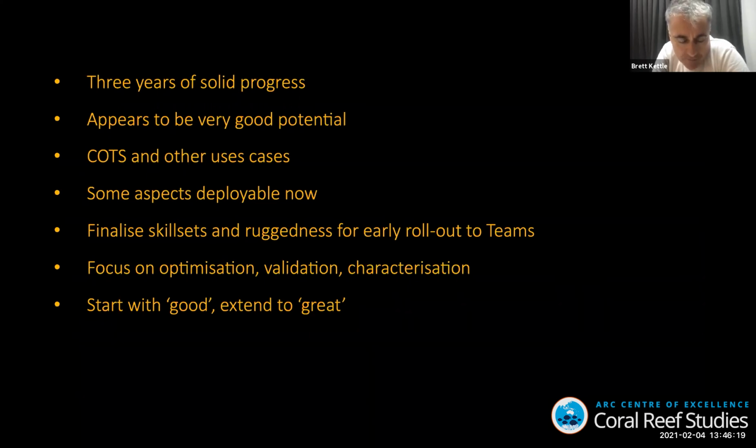And I think what we really see here is, let's start with good, and good means we might be able to provide data on the crown-of-thorns use case with, for example, the standard manta variables, and extend that to great with some of these other very interesting superpowers later on.